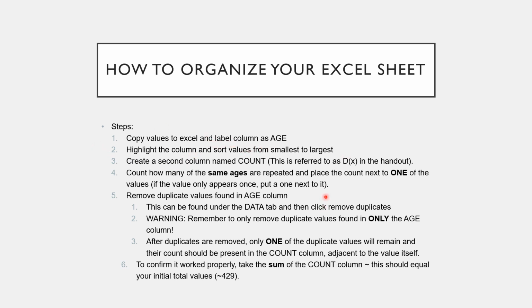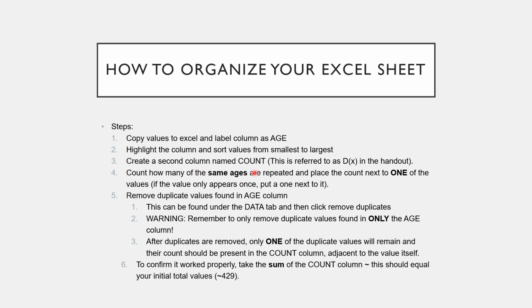So it'll be one column consisting of about 430 values underneath the age column. You're going to highlight that entire column, all of your values, and sort them from small to large. So it'll start at 0 and continue on to around, I think, 98, which is where the ages extend to.